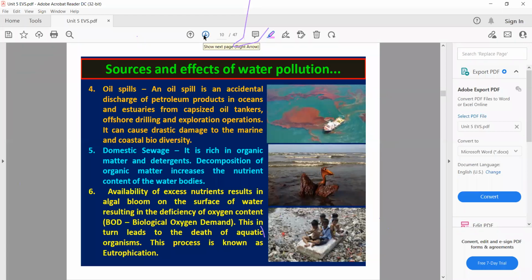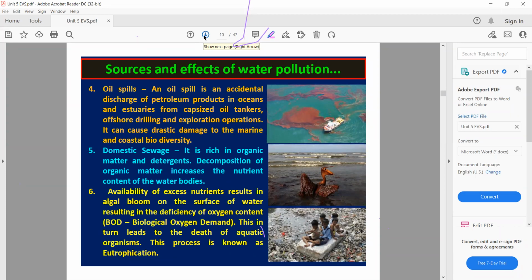When you spill oil on water, you must have seen that an emulsion is produced. Oil never dissolves in water, right? They never dissolve in each other as a medium.